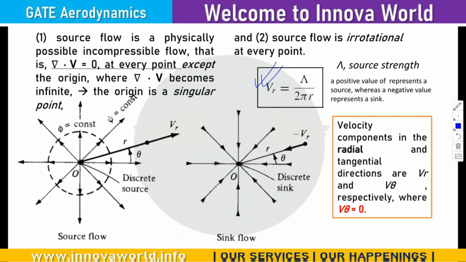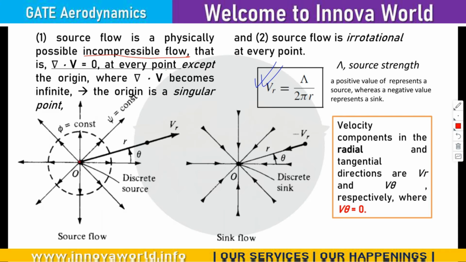Now here we are talking about source flow, and the important expression they have declared is that the flow is incompressible at every point except at the origin.